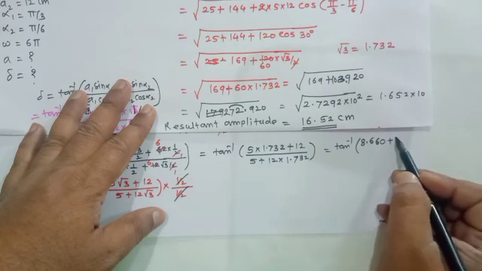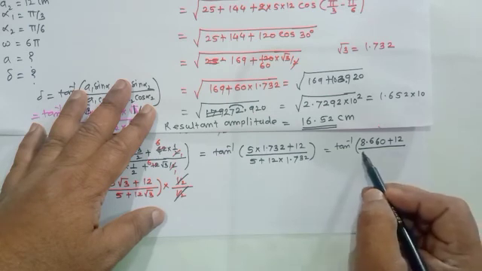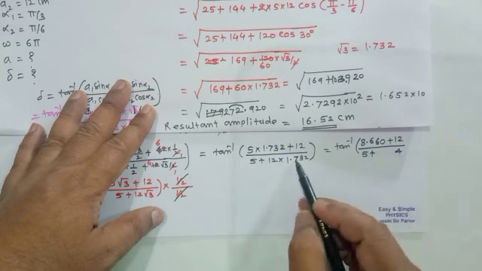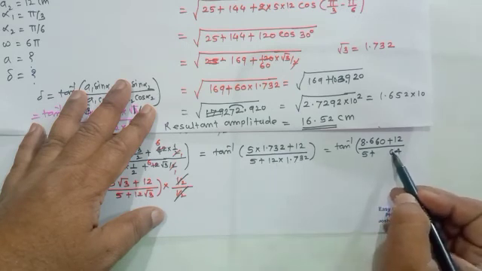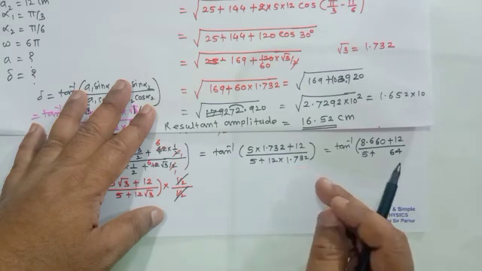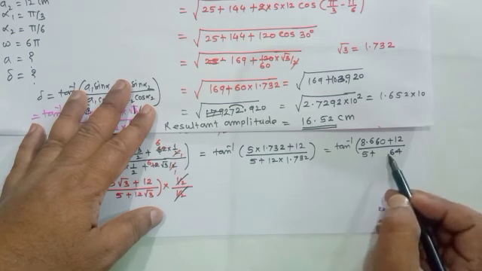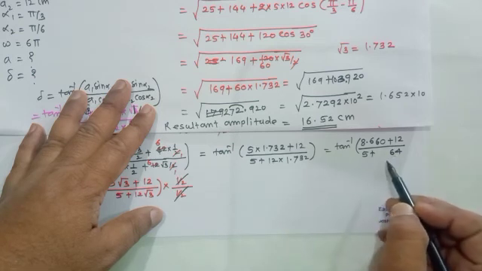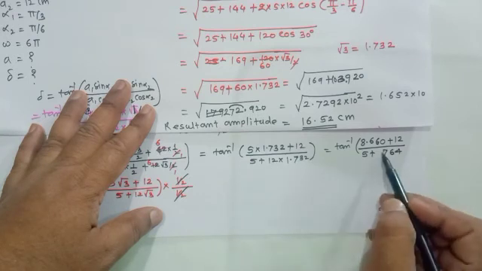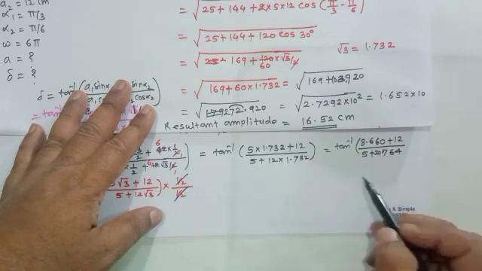So 8.660 plus 12 upon 5 plus 12 to the 24, 12 3 the 36, 3 is remaining, 12 7 the 84 and 3 87, 8 is remaining, 12 1 the 12 plus 8, 20.